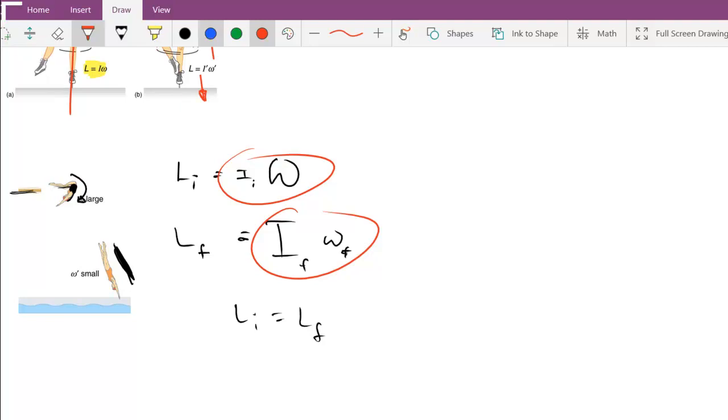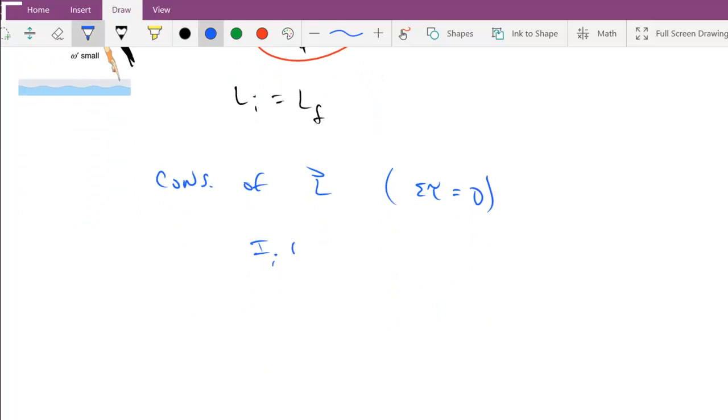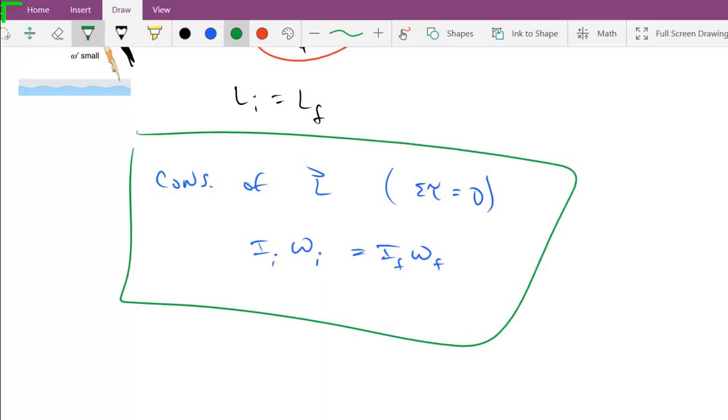So, conservation of angular momentum: so long as the sum of the torques acting on the object or the system is equal to 0, then we have initial rotational inertia times initial rotational velocity equal to your final rotational inertia times your final angular velocity. And this is conservation of angular momentum.